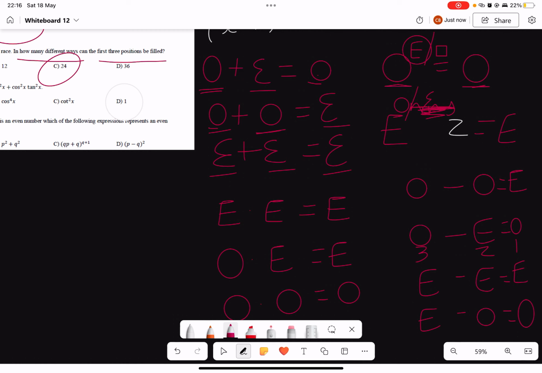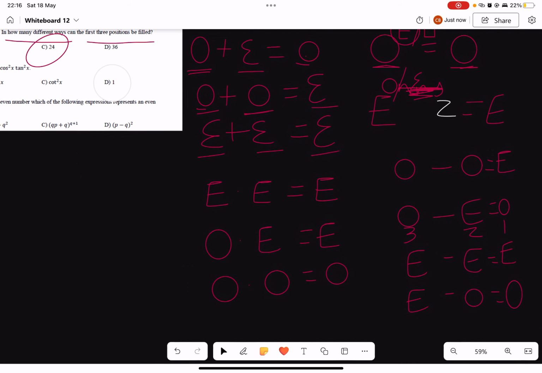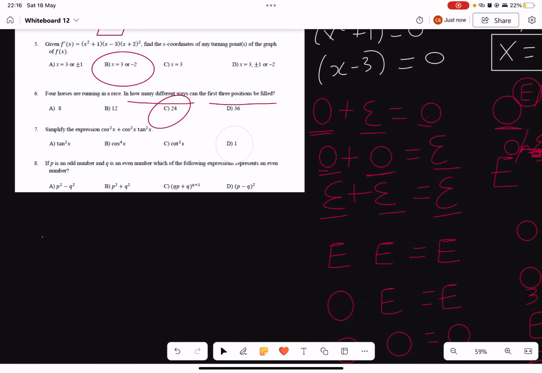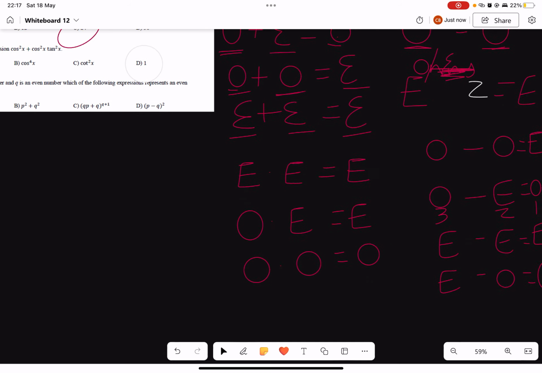So it doesn't matter whether the exponent is an even number or an odd number. If the base is odd, the answer will always be odd. If the base is even, the answer will always be even. I hope you wrote this down somewhere. It will help you in your career of mathematics.